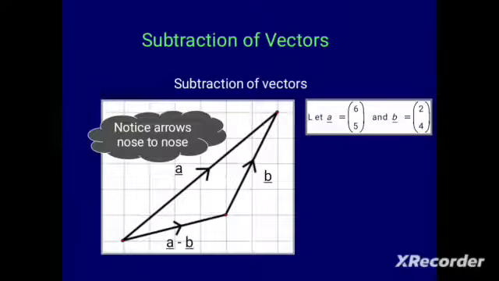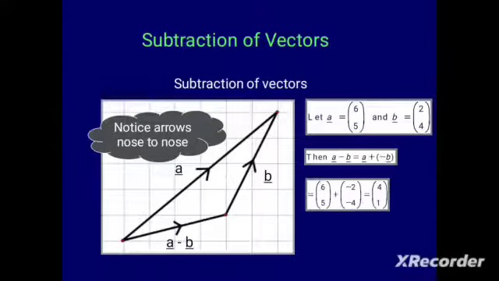So we let vector A be (6, 5) and vector B be (2, 4). So vector A minus vector B can also be written as vector A plus minus vector B, and we substitute: (6, 5) plus (-2, -4), and the answer is (4, 1).